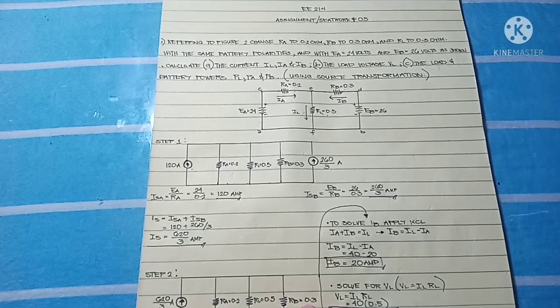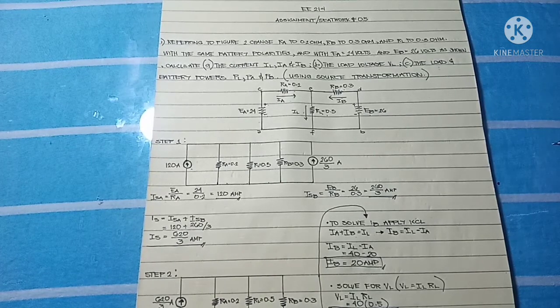using the source transformation method. This method simplifies the number of meshes in the network and thus simplifies the number of equations needed.